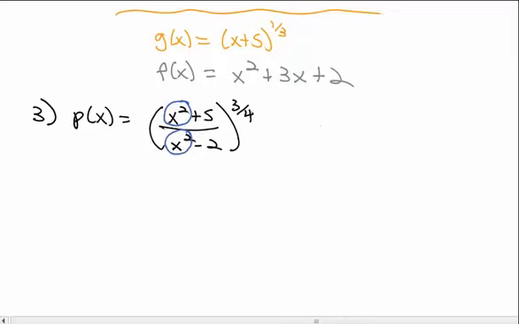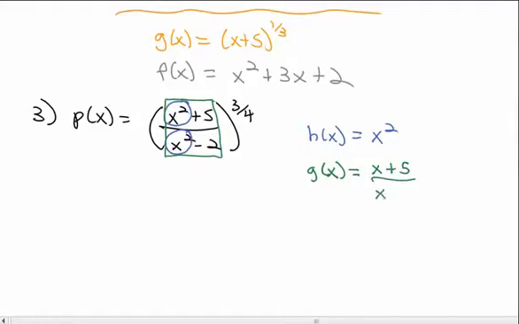We're going to call that our most inner function, h of x. Then around that is built a fraction function. Call that g of x. That fraction is the stuff plus 5 over the stuff minus 2.